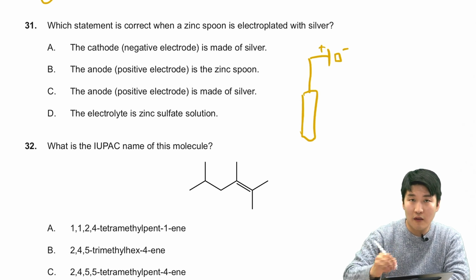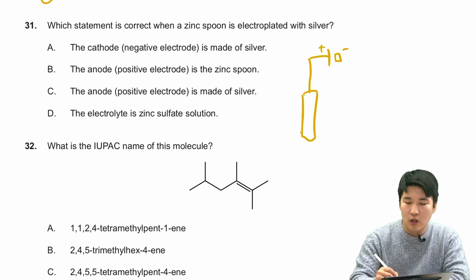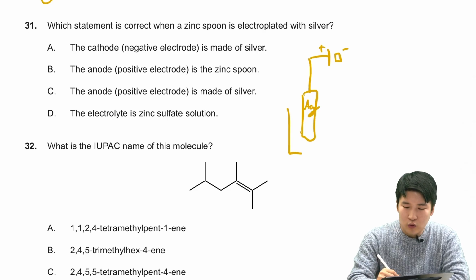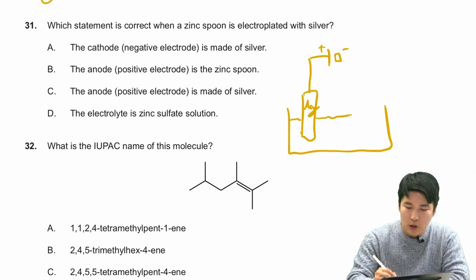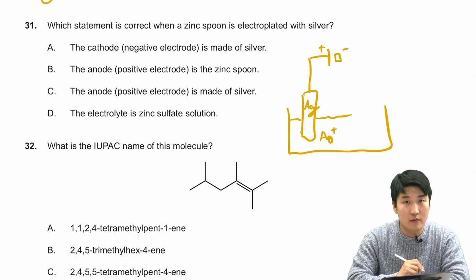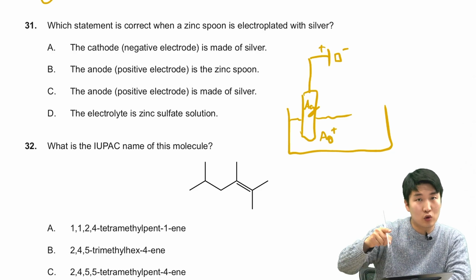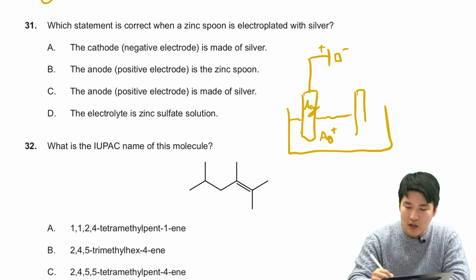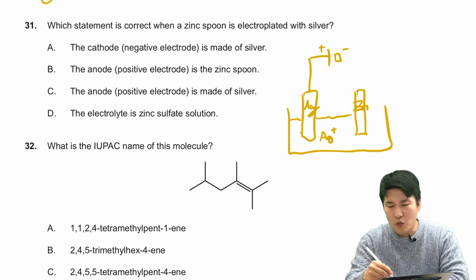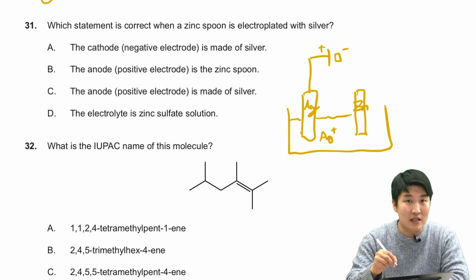So whatever we want to electroplate with, so if we want to electroplate with silver, we need to make sure that the anode is silver, that will oxidize into Ag+, that will travel towards the cathode. Now this will be the object we electroplate. In this case, zinc. Not very well written, but that reads as Zn, zinc.